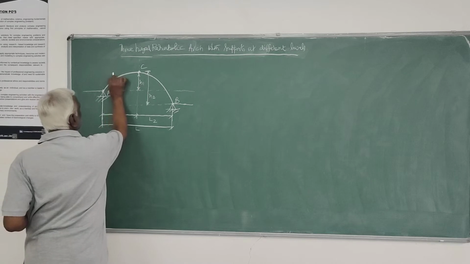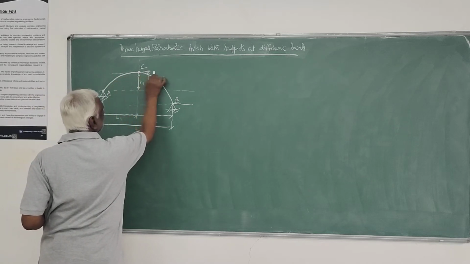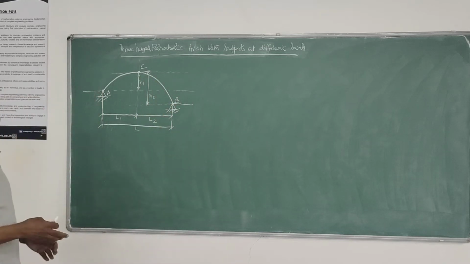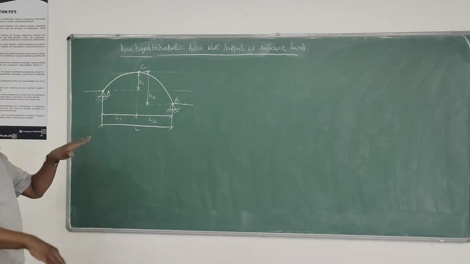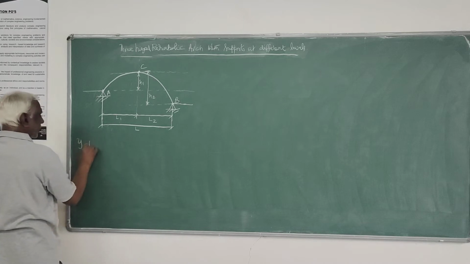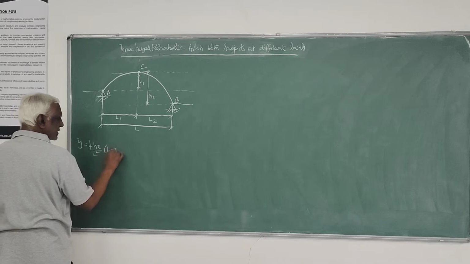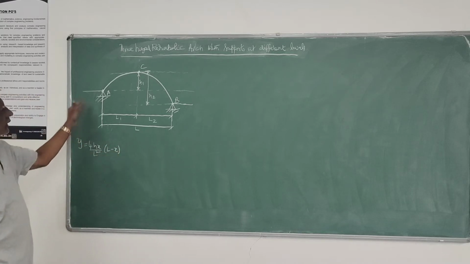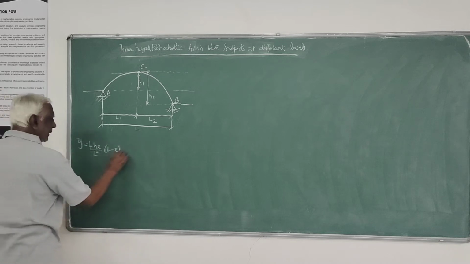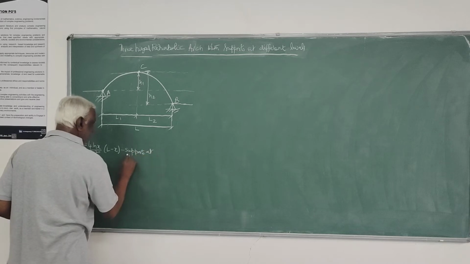Whenever we have a problem of this category, we cannot use the equation we used for supports at the same level, that is y = 4hx(L - x)/L². This is the equation of the parabolic curve we have used when supports are at the same level.